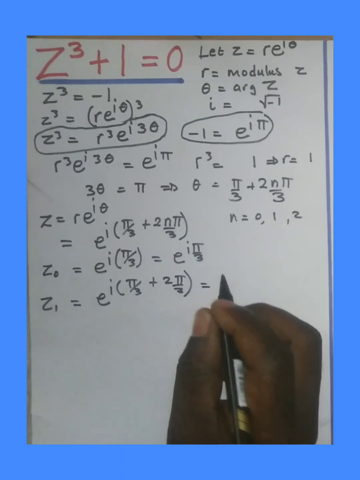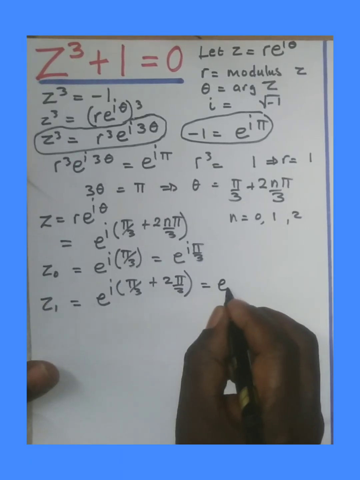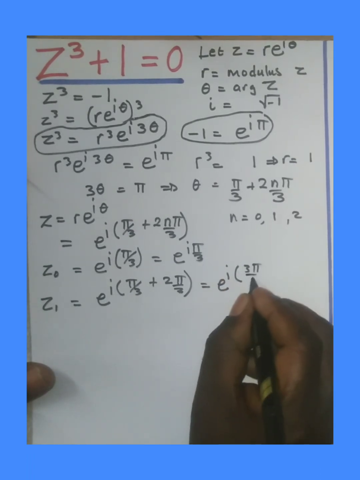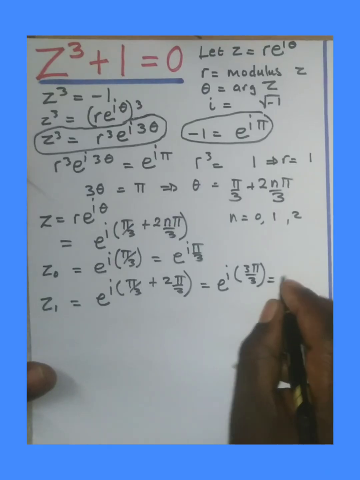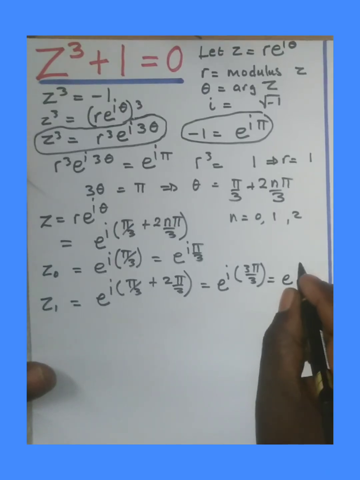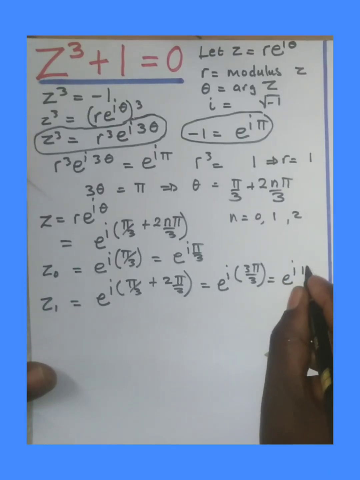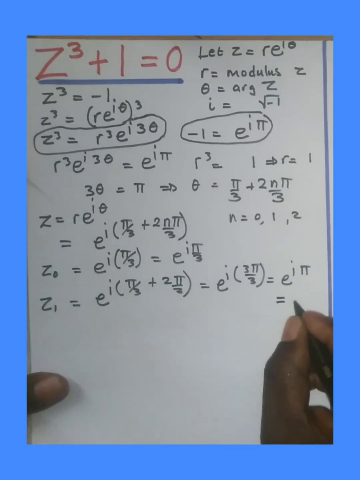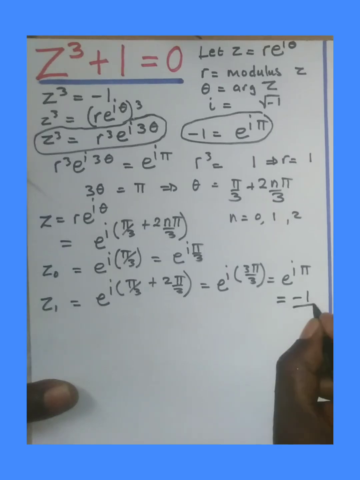And this is equal to e to the power i brackets 3 pi over 3, which of course is equal to e to the power i pi. And remember, this is equal to minus 1.